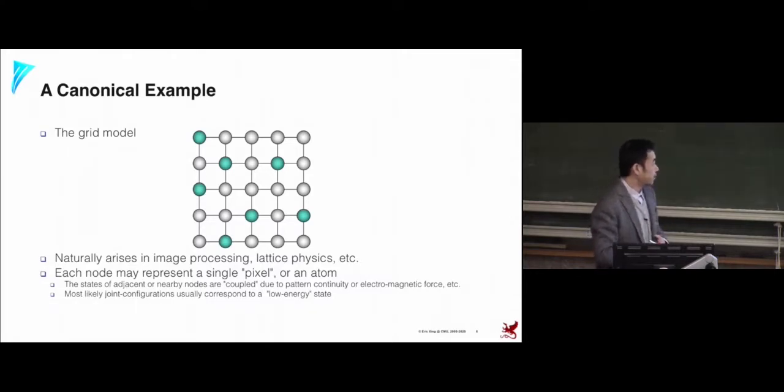Every single pixel basically, all in other words, say atoms or Go games and so forth, they can represent a configuration. So this model actually gets invented very naturally from image processing and the lattice physics and so forth.